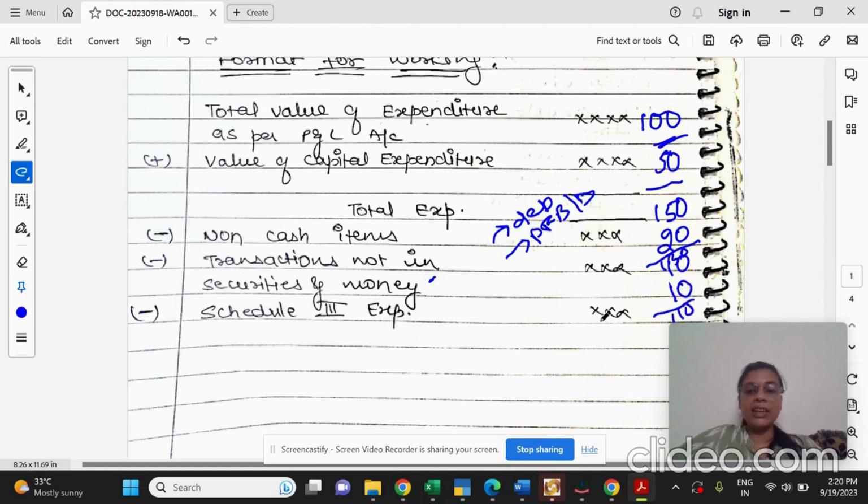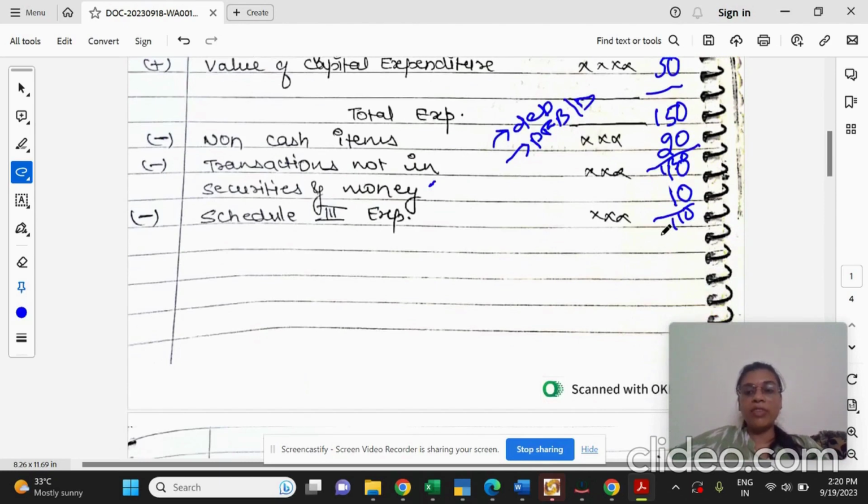Now this 110 rupees needs to be bifurcated into exempt, into registered, into non-registered. Say for example your client's business is small and they cannot classify the expenses into registered and unregistered entities.